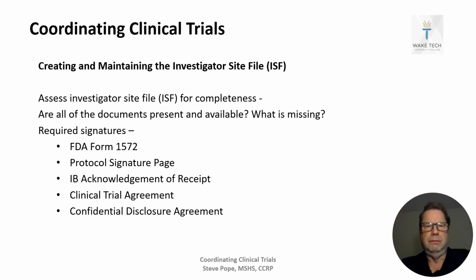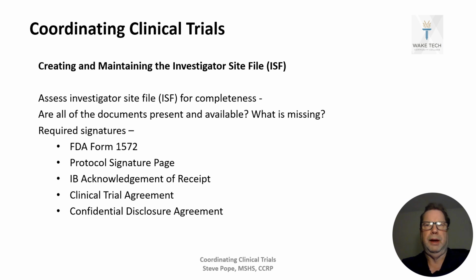Early in the startup phase of your trial, you're going to get a clinical trial agreement. That's going to come from either the sponsor or the CRO, depending on who's handling that. But that's basically your agreement, your contract with the sponsor for you to conduct the trial.